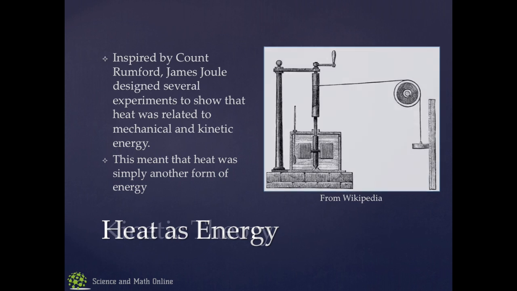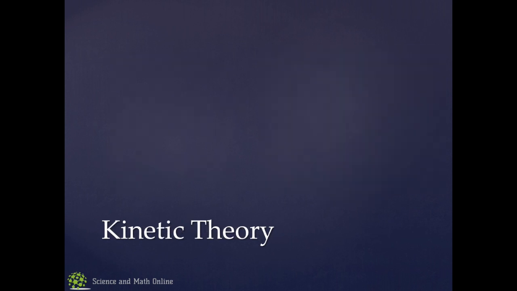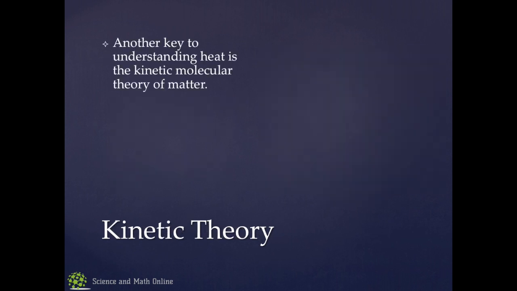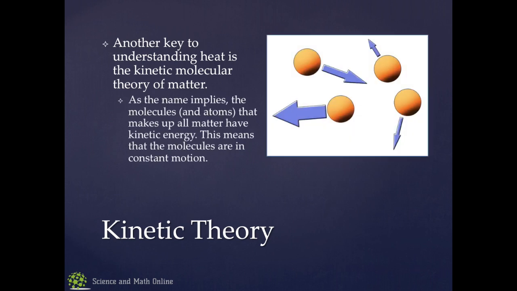All right. I've already mentioned briefly the kinetic theory of matter. Basically saying molecules and atoms, for that matter, that make up all things have kinetic energy. Constant random motion. We talked about diffusion in the last lesson. And the motion is random in both its direction and its magnitude. So this guy may be moving fast while this one's moving slow. And so that's also somewhat randomized.